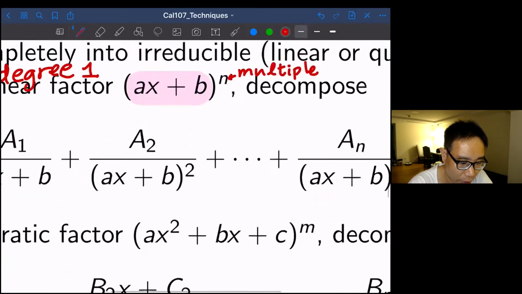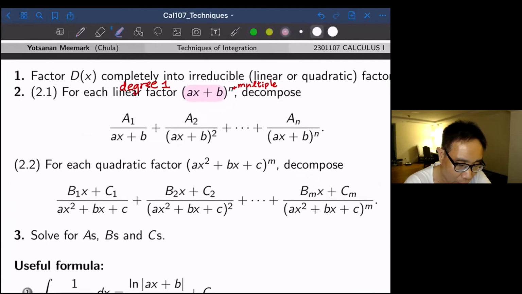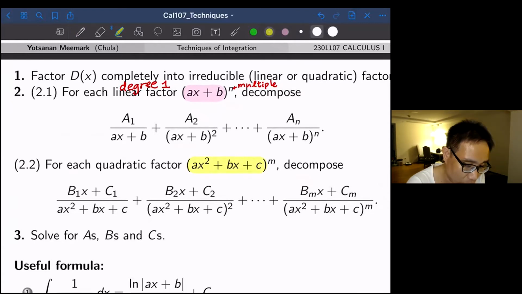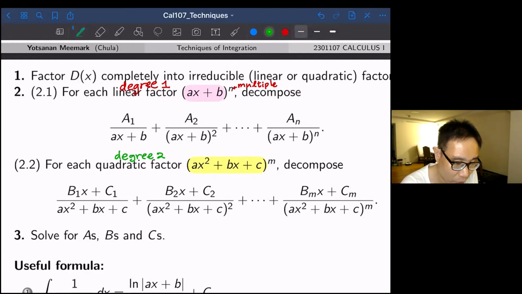So the factor turns out to be just ax plus b, and that is linear. Another kind of factor you're going to have is quadratic. Quadratic is ax squared plus bx plus c, and quadratic means degree 2. So you have degree 1 and degree 2, and the multiple is your m.